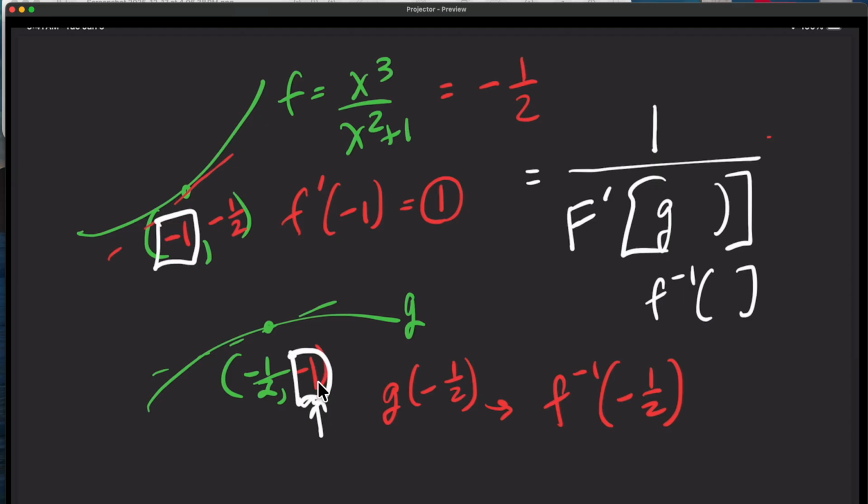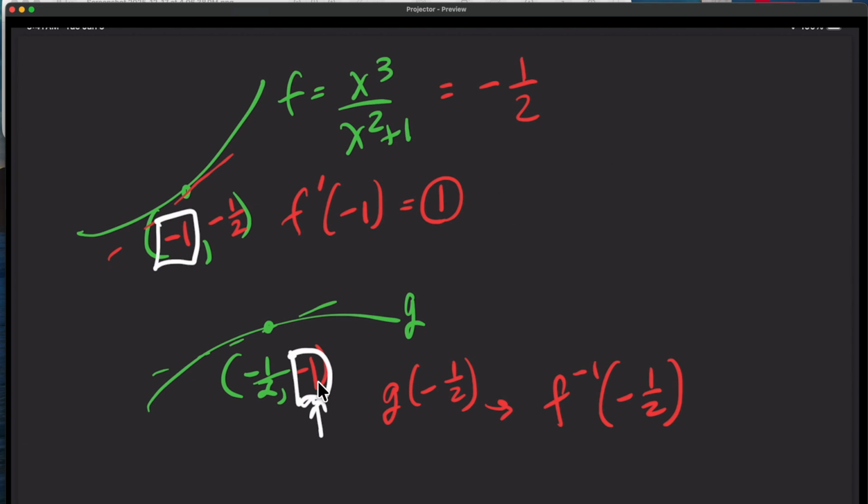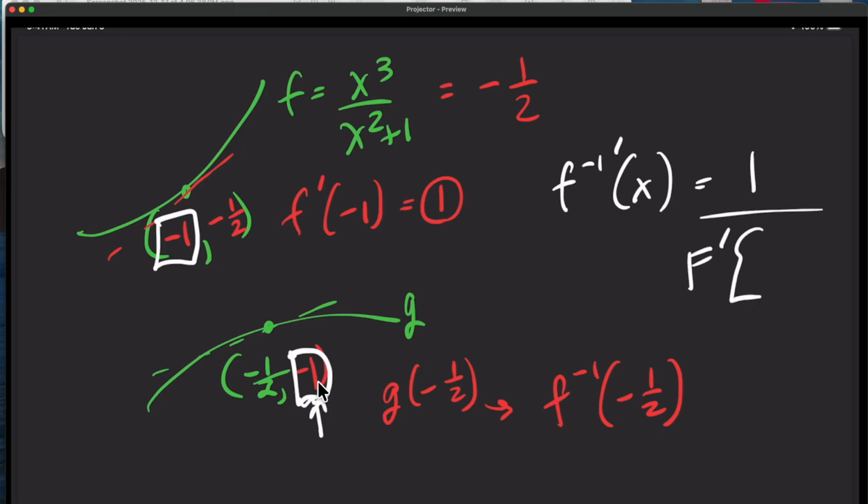All right, I just want to make this formula a little neater here. This formula is the derivative at x equals 1 over f prime of f inverse of x.